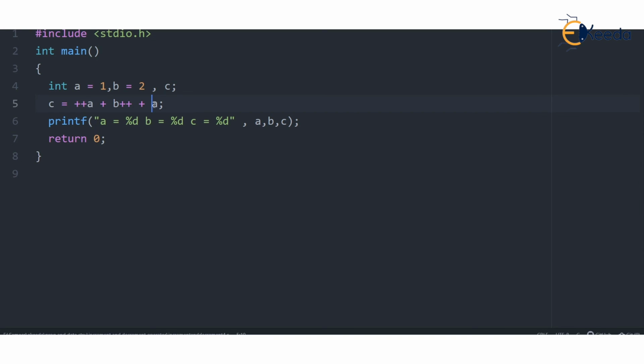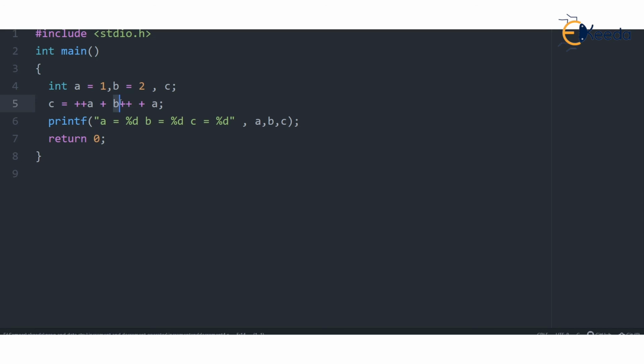What is the value of A you will take here? Most of the students commit a mistake here. They feel that, okay, this A was written earlier, so they will take A as 1, the older value. But because you are saying A has become 2, come on, A is a variable. As A has become 2, this A also should be 2, isn't it? So this is 2 plus this is also 2, 2 plus 2 is 4, and you should take the value of B as it will be incremented later.